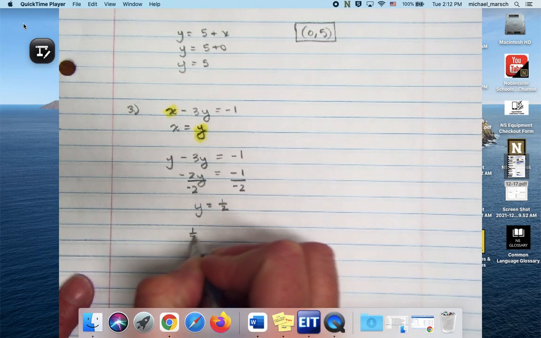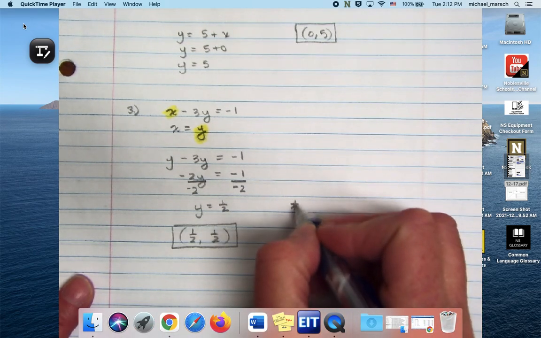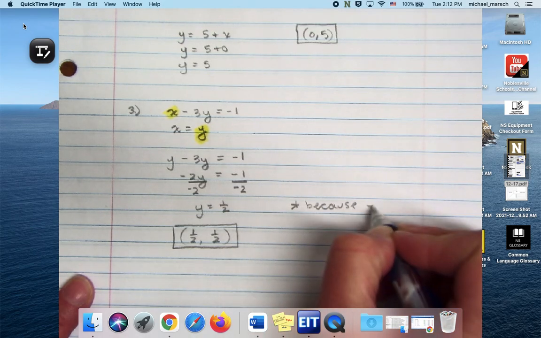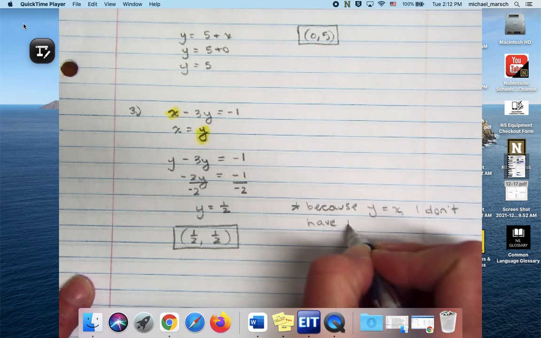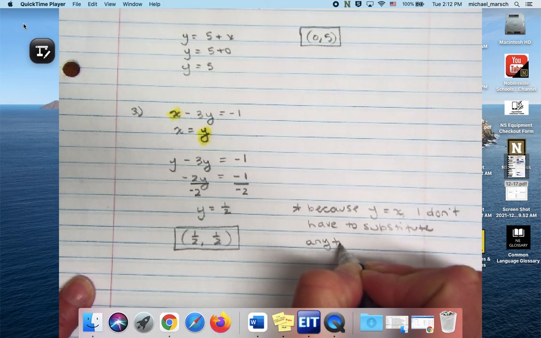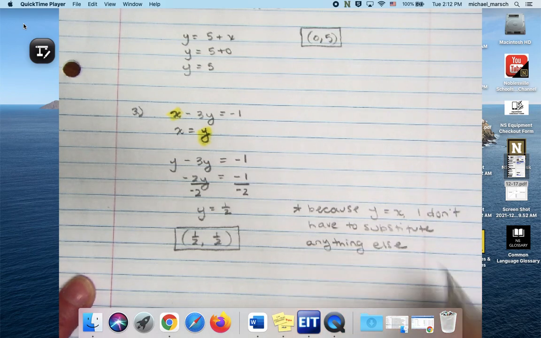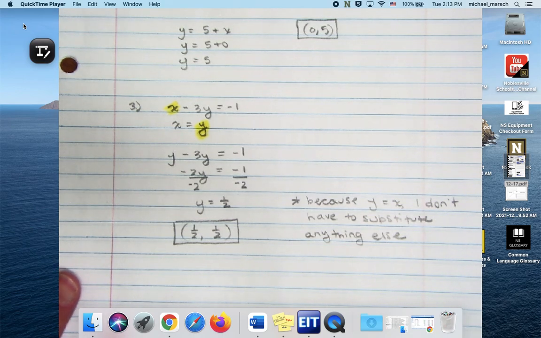My solution is going to be 1/2, 1/2, because y equals x. Pretty exciting.